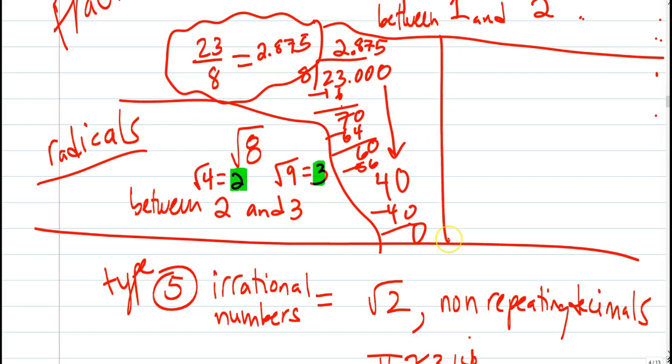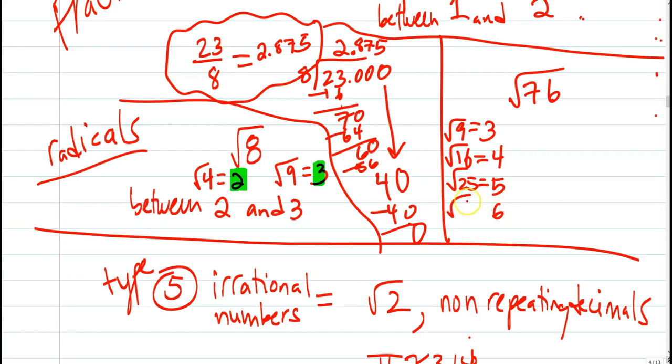What was the other example that we got for radicals? We had something like the square root of, I think it was 76. Well, what is that between? Well, we're already at the square root of 9, right? That's not high enough. 4 is the square root of 16, still not high enough. But 5 is the square root of 25. 6 is the square root of 36, still not quite to the square root of 76, right? 7 is the square root of 49. 8 is the square root of 64.